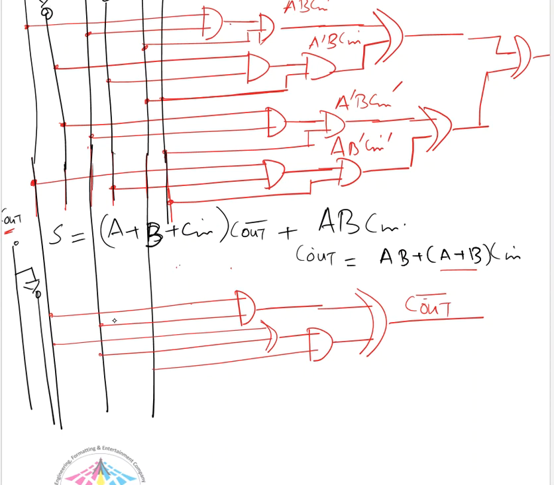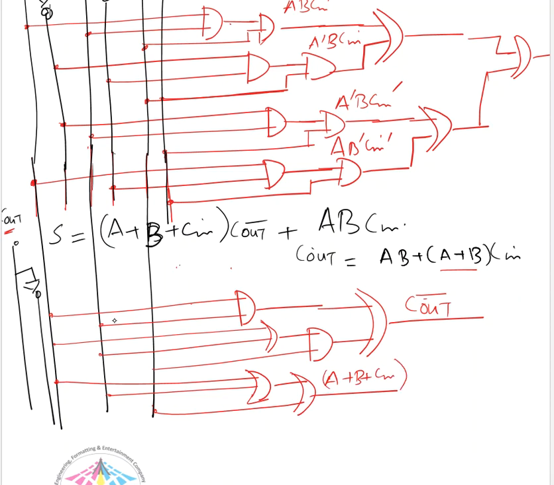Now complement the other parts of the equation. So here A plus B plus Cn, so in fact it would be A plus B, and we have to OR it again to get A plus B plus Cn, and then they have to be ANDed with the C out, so I have to use an AND gate there. In this way this first term is generated.